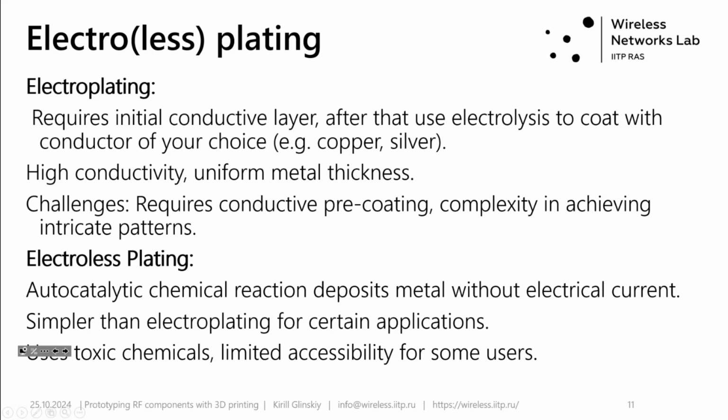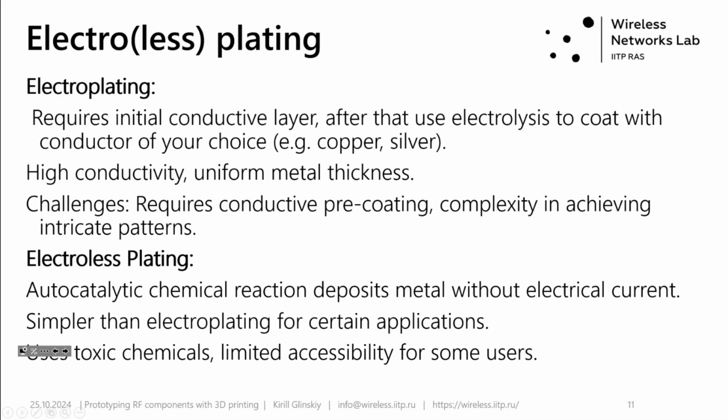The electroplating one uses electrolysis to coat the conductor with some metal ions. So that means that the surface needs to be already at least semiconductive. So, for example, often graphite is used for this purpose, sometimes in the form of graphite mixed with something like acetone or oil.